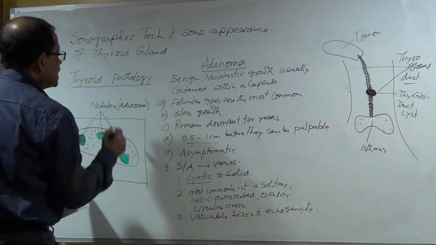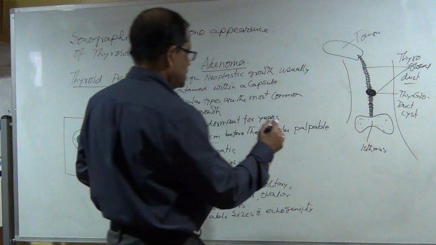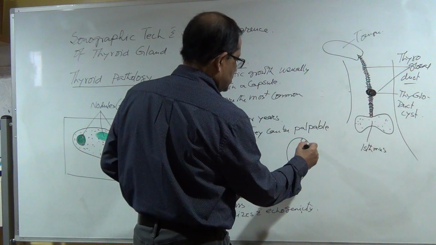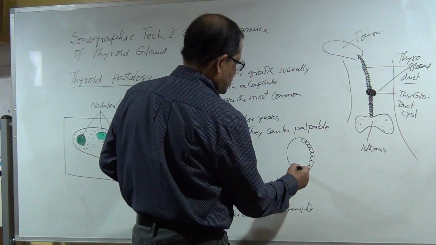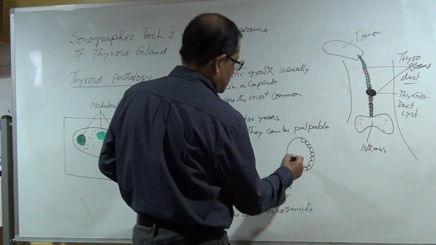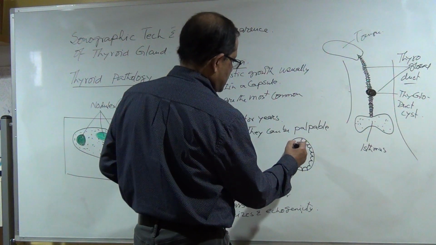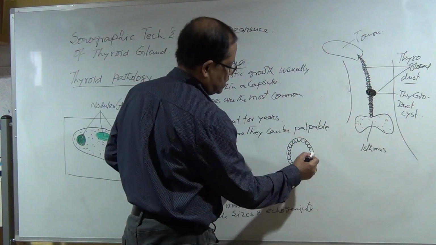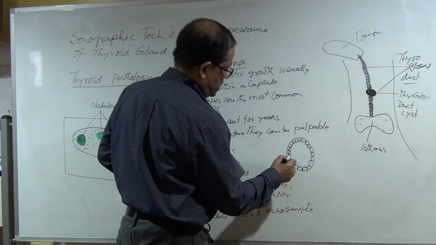And adenoma comes from the follicular cells. What is follicular cells? So this is a follicle. Thyroid follicle is the functional unit. It has a follicular cells. We call it acinar cell, just like a pancreas.